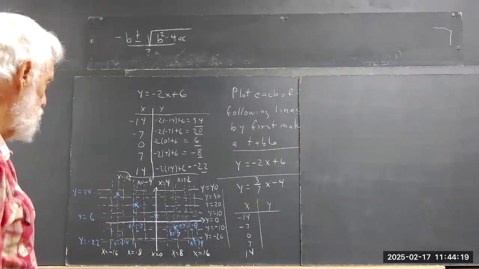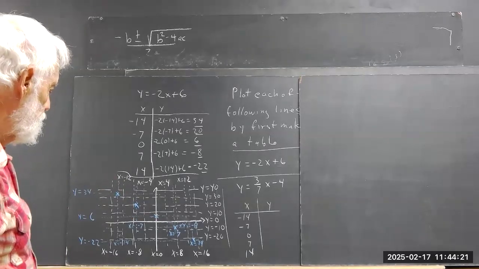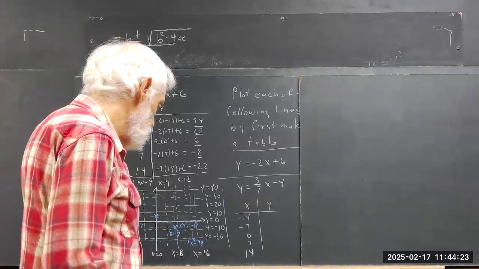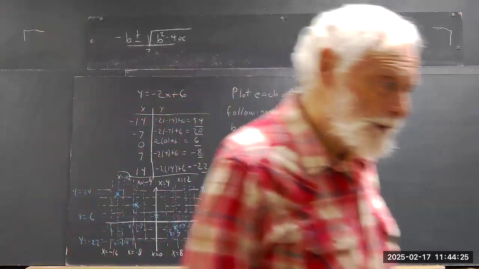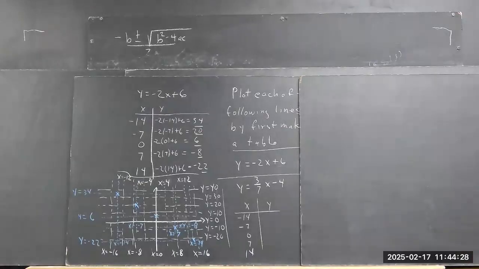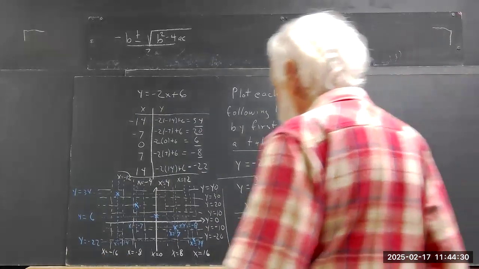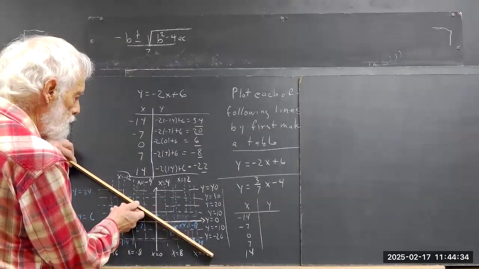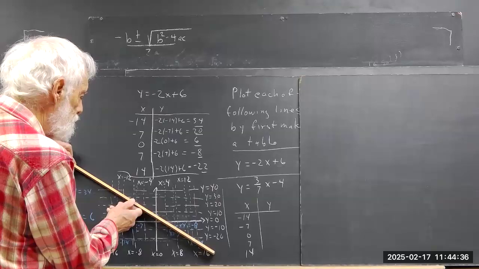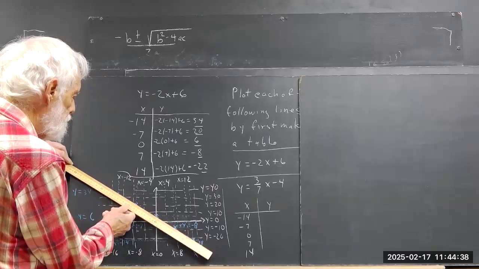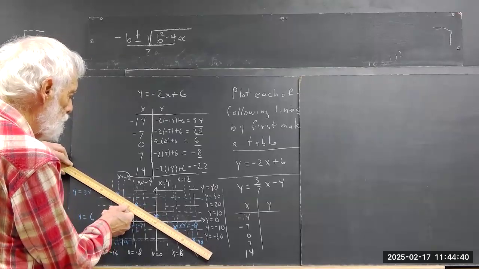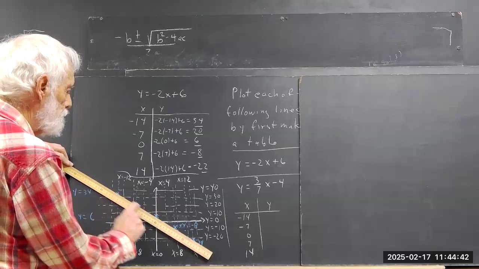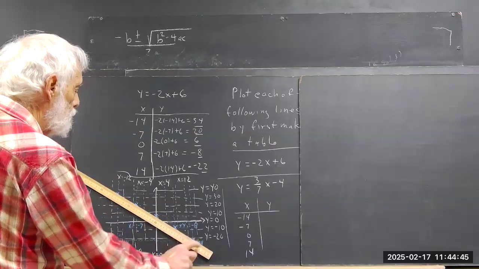Now, there's a lot of stuff on that graph, and it was done fairly carefully. I didn't get my scale exactly right. It's a little too wide on the left. But you see, if I put this meter stick just below the X's, you see that those X's line up pretty doggone well.